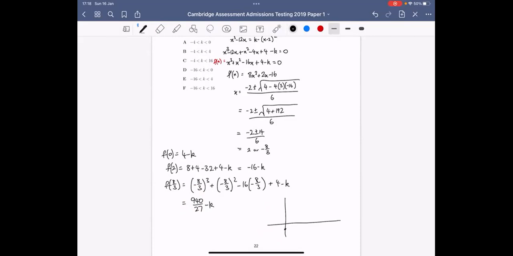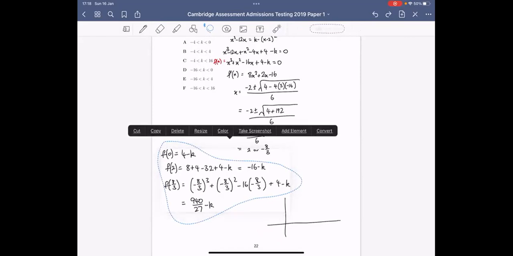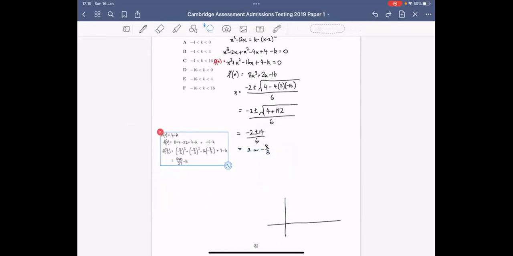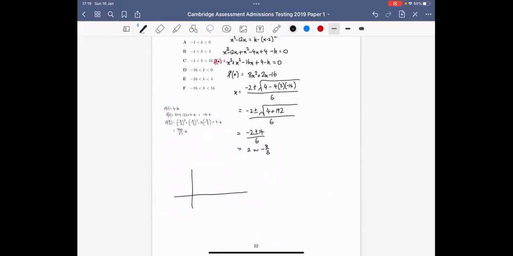How about I make this smaller, and make case 1 and case 2.